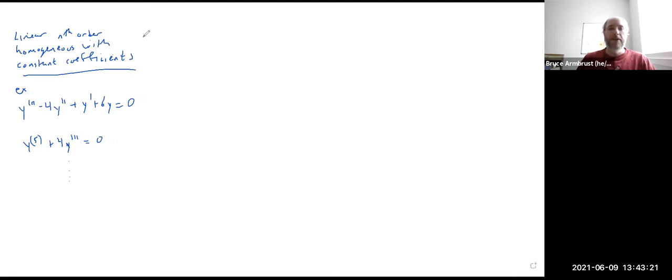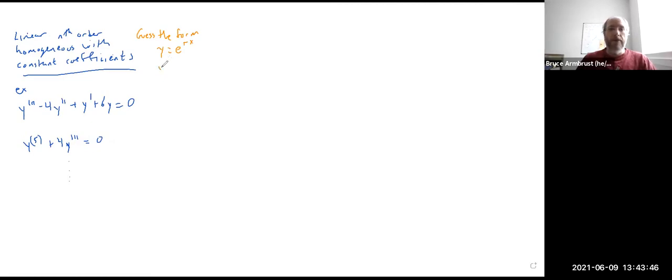Let me remind you, we made a guess. We guessed the form y equals e to the rx, or rt, because if they just have constant coefficients, then something exponential could easily cancel itself out and give us 0.